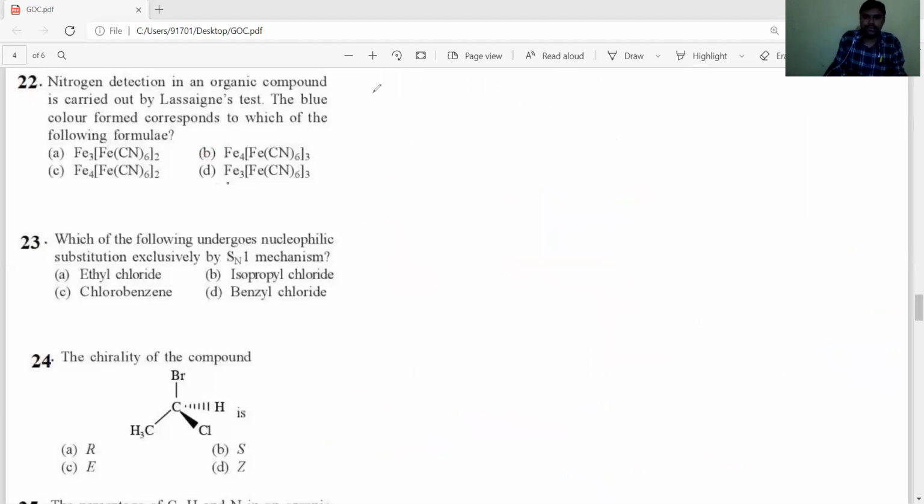23rd question. See dear students, which of the following compounds undergoes nucleophilic substitution exclusively by SN1 reaction? In an SN1 reaction, the mechanism takes place in two steps, in which a stable carbocation intermediate forms.